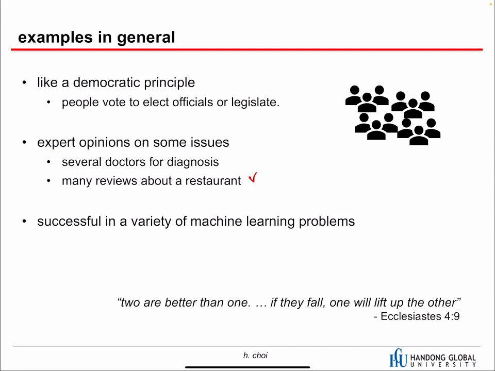Or when we're interested in a movie, we check the reviews and ratings. This rating is based on a lot of people. They each put a rating, and we gather all these ratings and take an average. That's the opinion of the crowd. And it has been successful in many machine learning problems too.